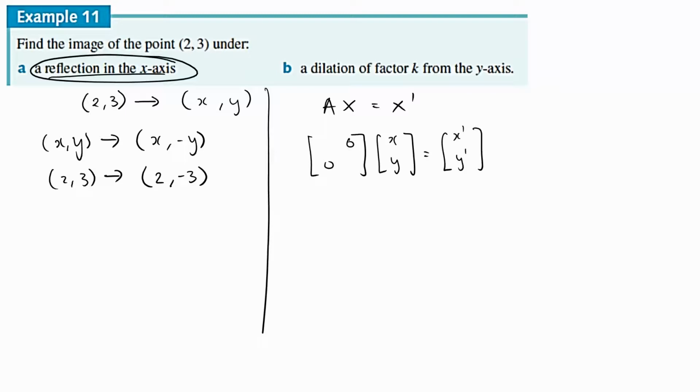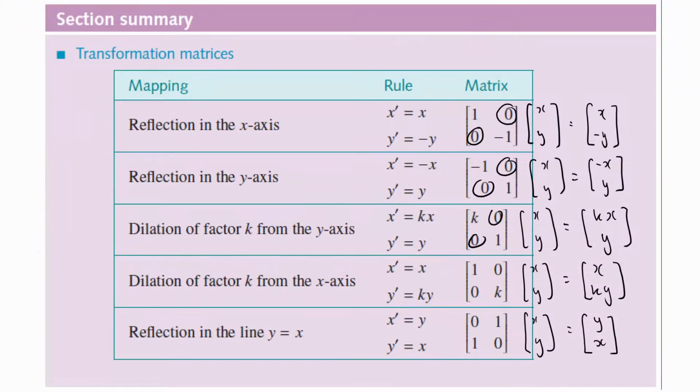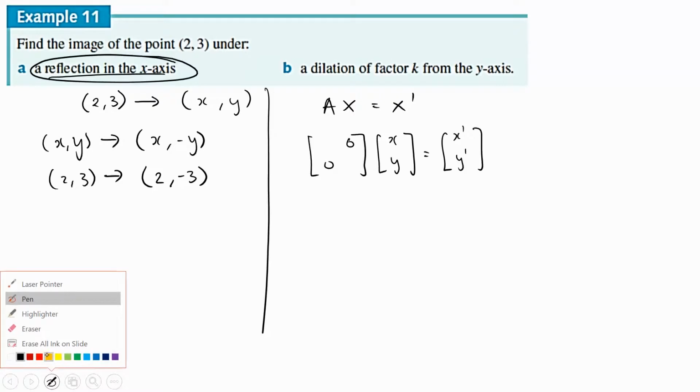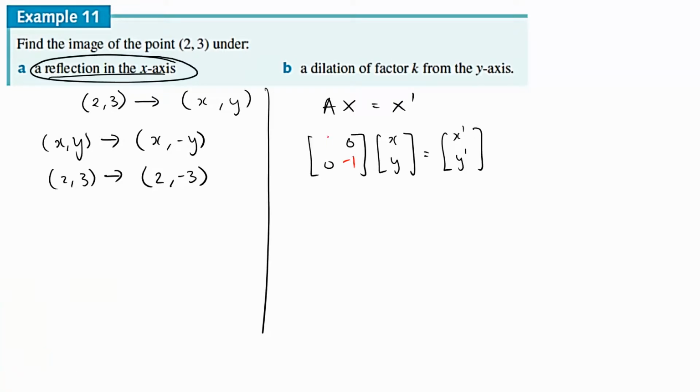Instead of memorizing that last page, I want you to figure it out. This had to be minus 1 here, and that was a 1. So this has to be a negative 1 times Y. This is 1 times the X.